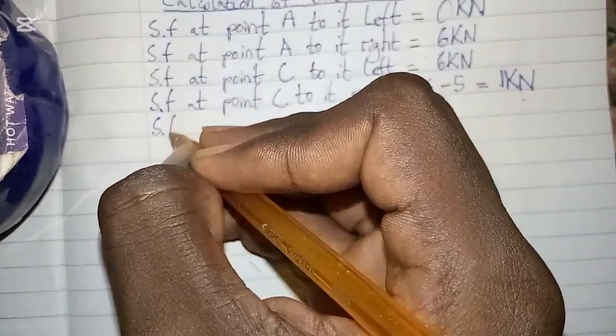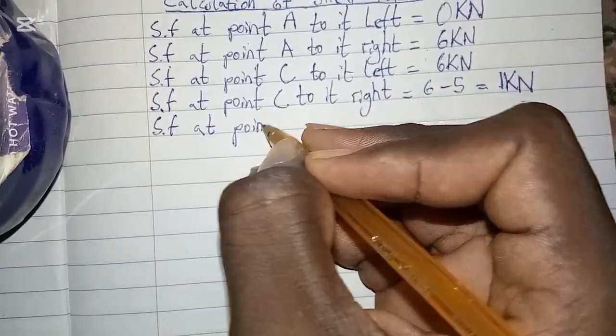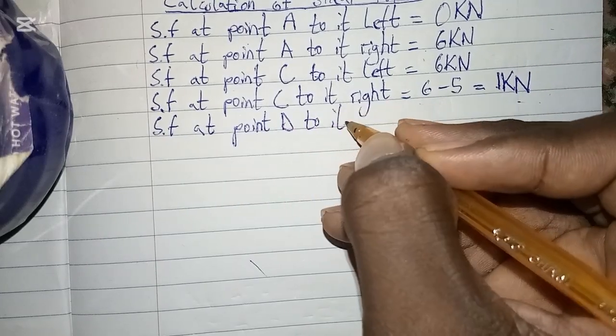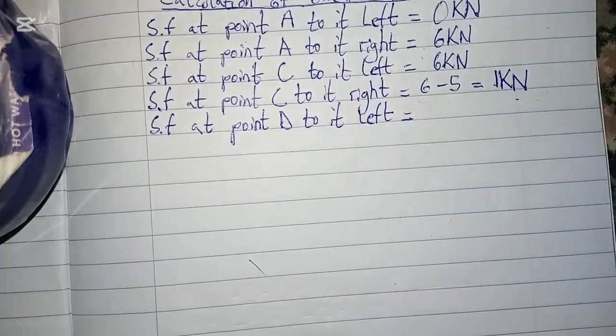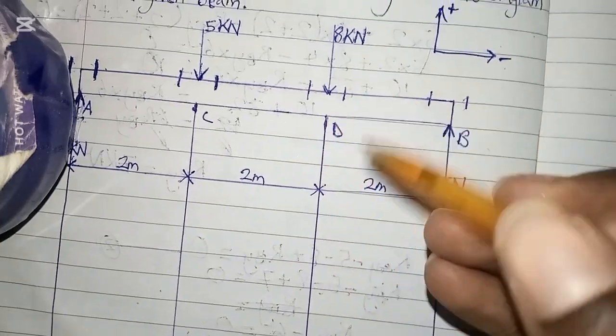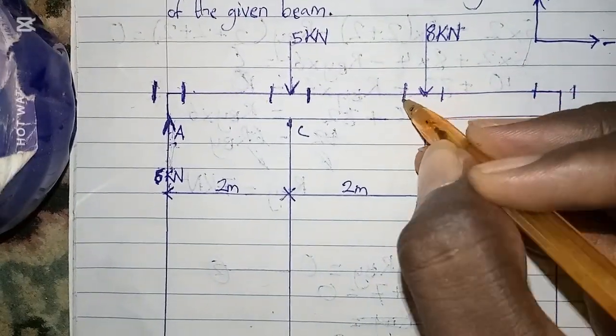Shear force at point D to 8 left is equal to what? There is point D and 8 left is here. So when you are here, what forces can you see?